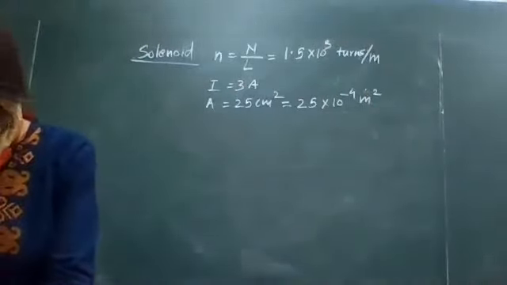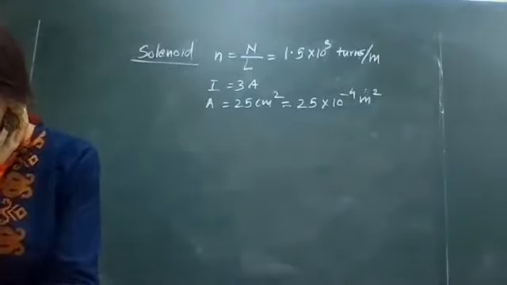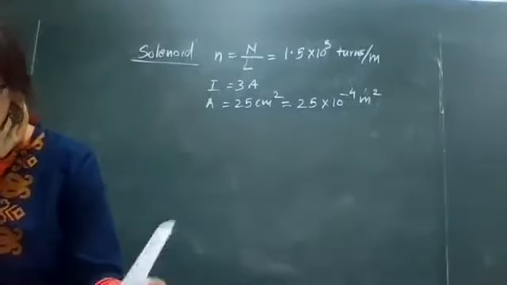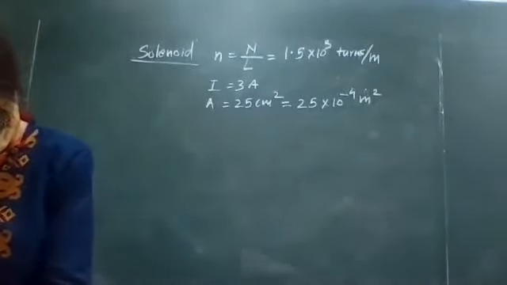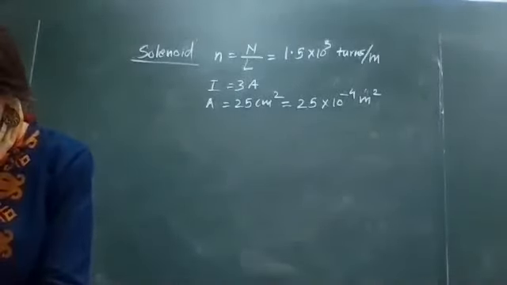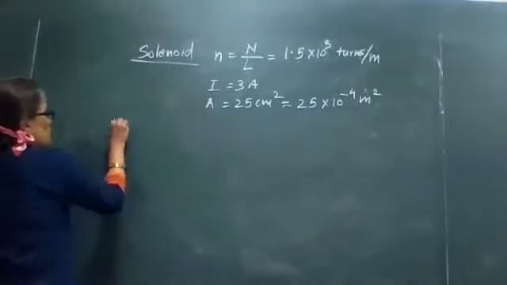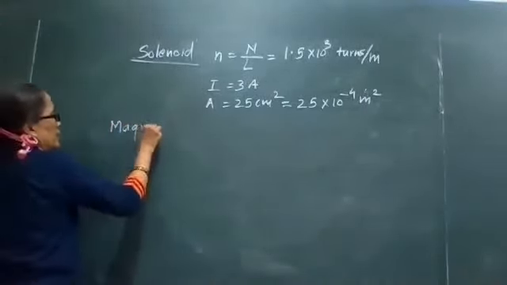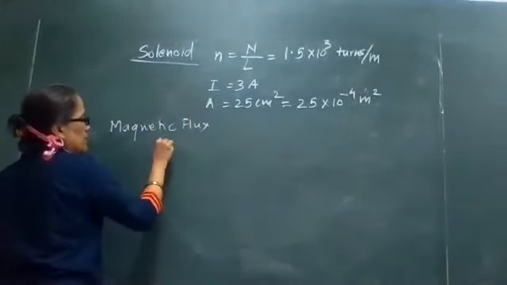Okay. Now the first part A is given. You have to find out the magnetic flux density at the center of the solenoid.